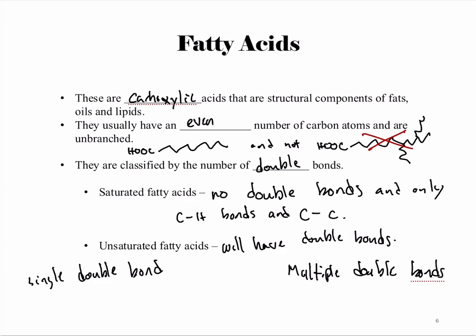And so how do you think those will be classified? What about multiple double bonds? If we have multiple of something, what's usually the prefix we use whenever we have that? Yep, it'll be a polyunsaturated fatty acid. And then if it's only a single one, what do you guys think it'll be? A monounsaturated.